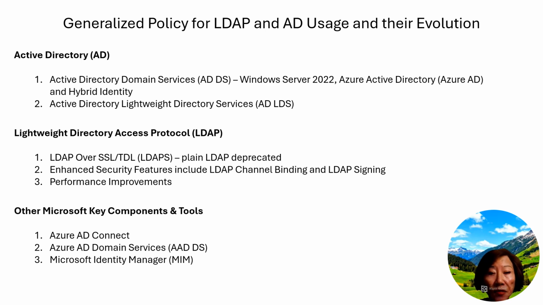The terms are self-explanatory as well, which provide additional security for LDAP communications. It also improves the performance. With each iteration of Windows Server, Microsoft has improved the performance of its directory services, ensuring faster query responses and better scalability.